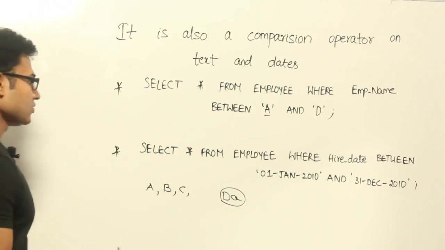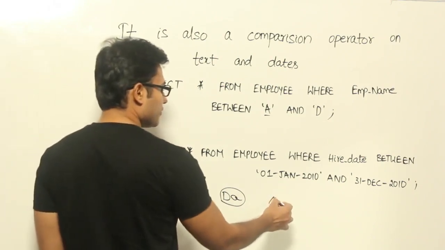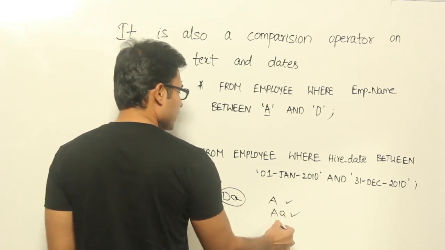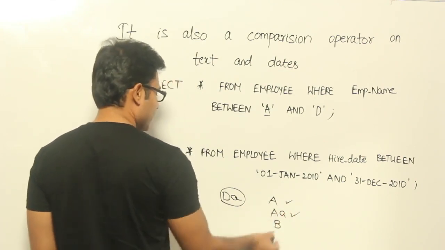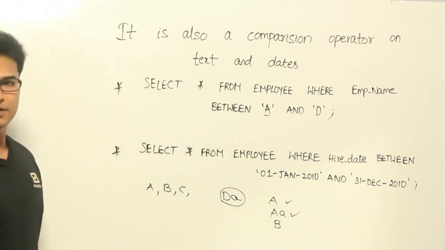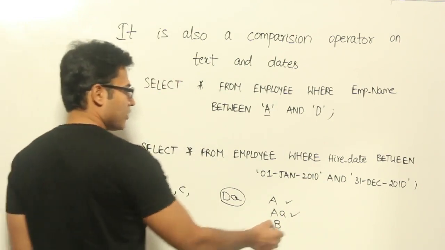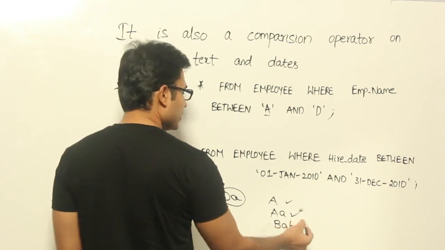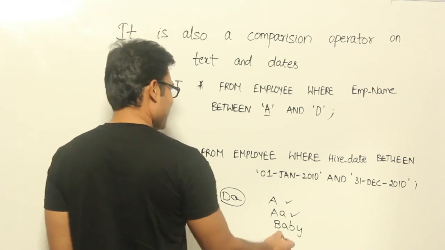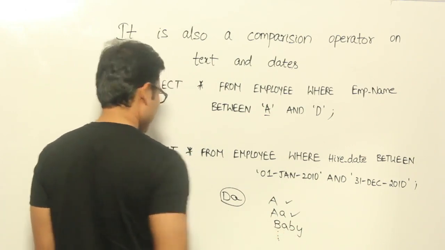Getting this? So if you have a name like A, it will be displayed. If you have the name AA, it will be displayed. Having one character as a name is meaningless, but just for the sake of understanding, I am telling you what it means. If you have BA, it will be displayed. Let's say BAB, it will be displayed. BABY will be displayed, right? And so on.